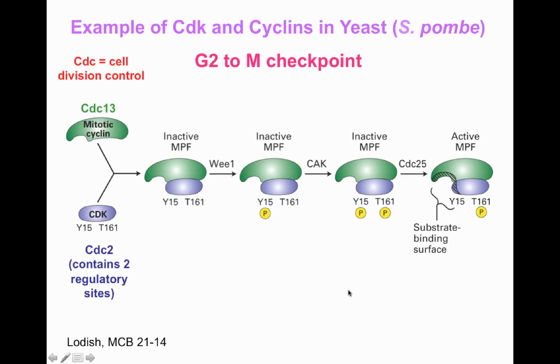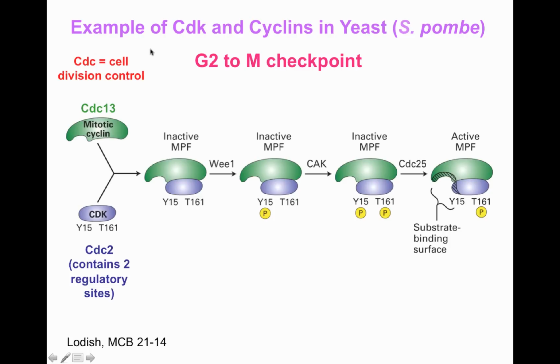This example shows you the actual timeline of the events. These names are for the CDK and cyclin complex in yeast, Schizosaccharomyces pombe. We're going to be looking at the G2 to M checkpoint when we have the activation of the M-cyclin. Now, what we have over here are proteins called CDC. CDC stands for cell division control.